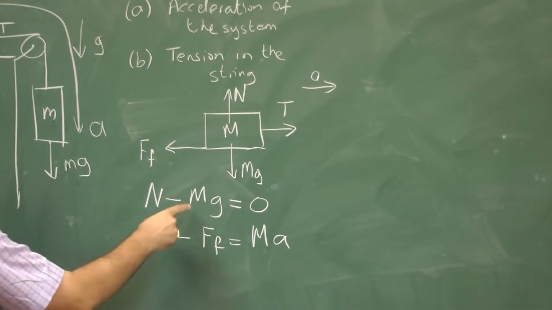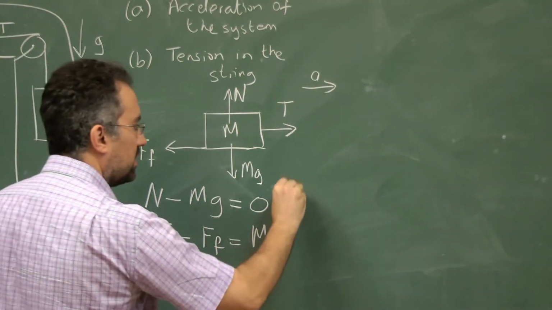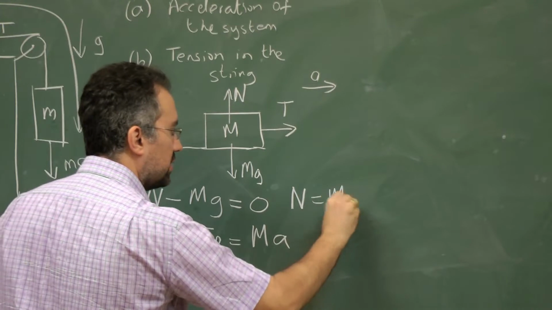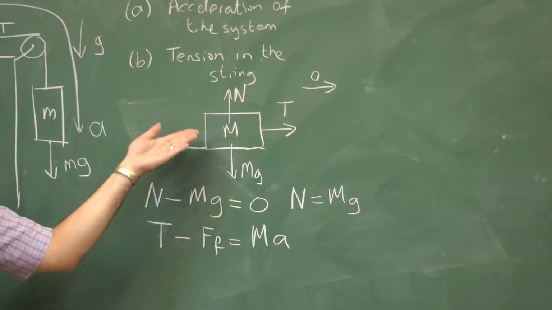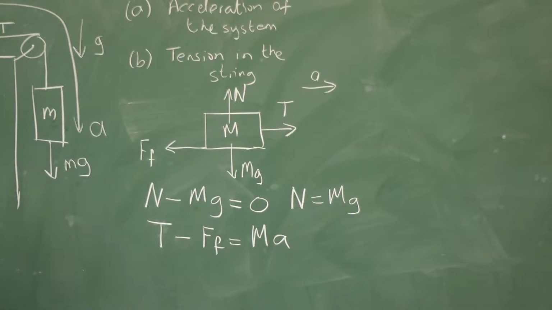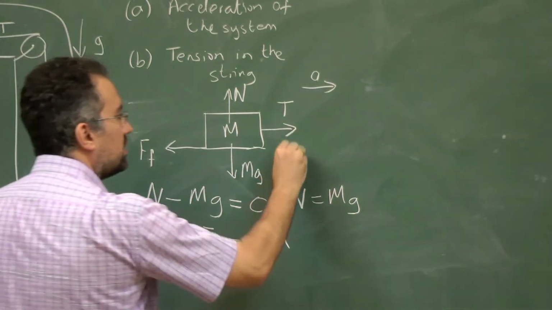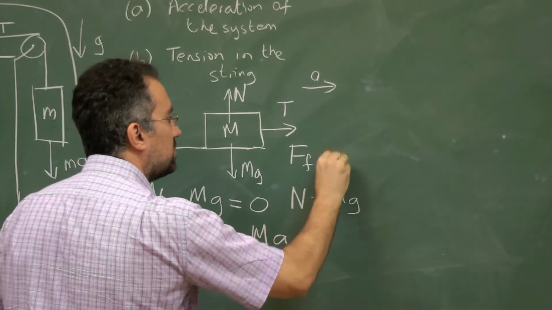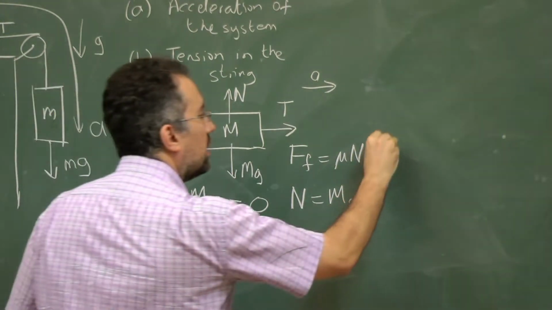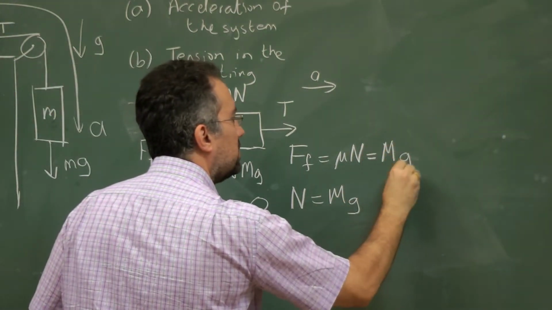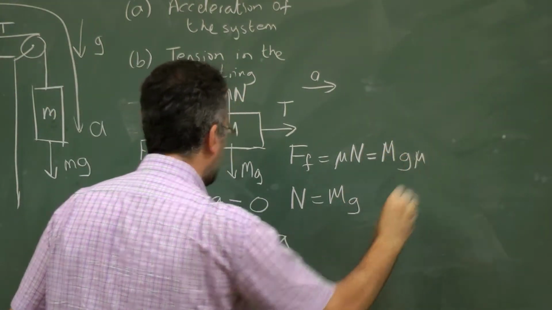Now, from the first equation, I find that the normal force is just mg, which is just to say the table exerts enough force to hold the mass up, pretty much. And one thing you have to supply is that the force of friction is just mu times the normal force, which happens to be then mg times mu.